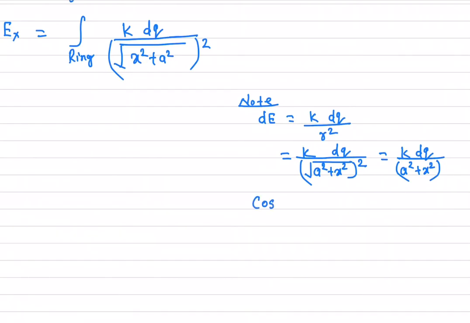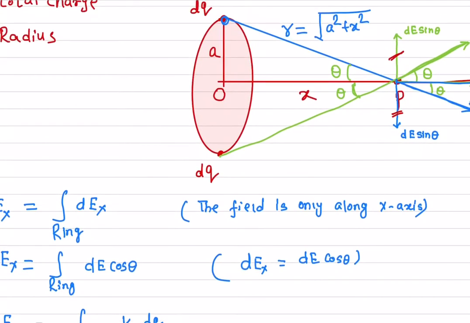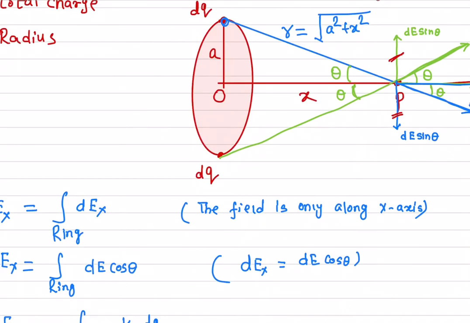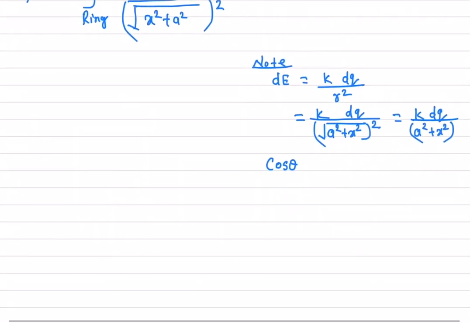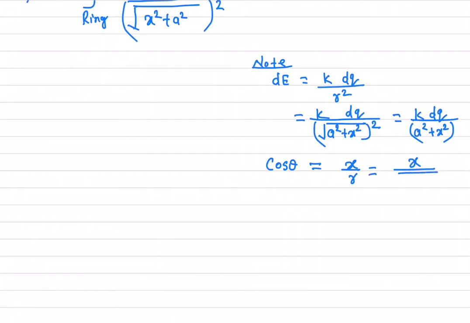And also the cosine theta from above. Just look at this triangle here. What is the cosine theta? In this case, the cosine theta is equal to x over r. And what is x?